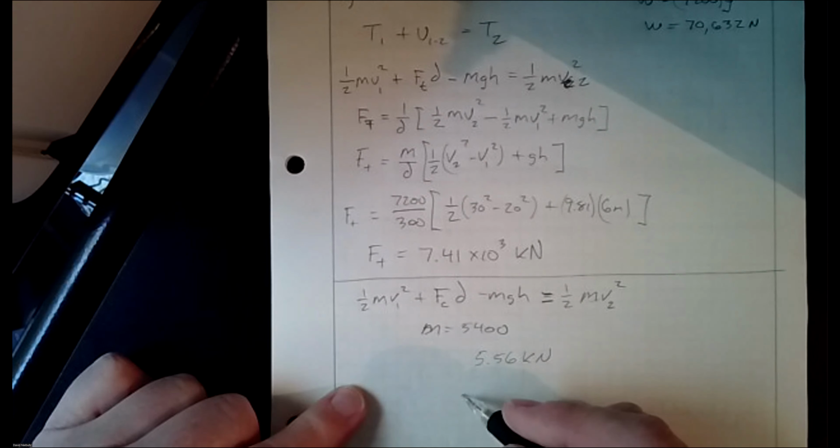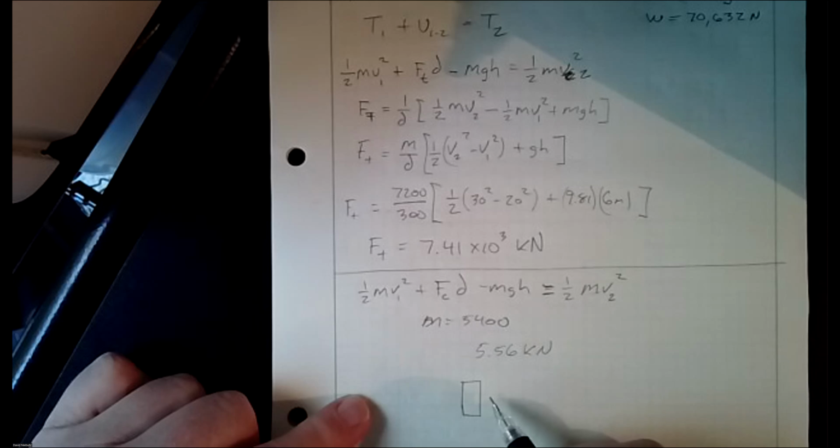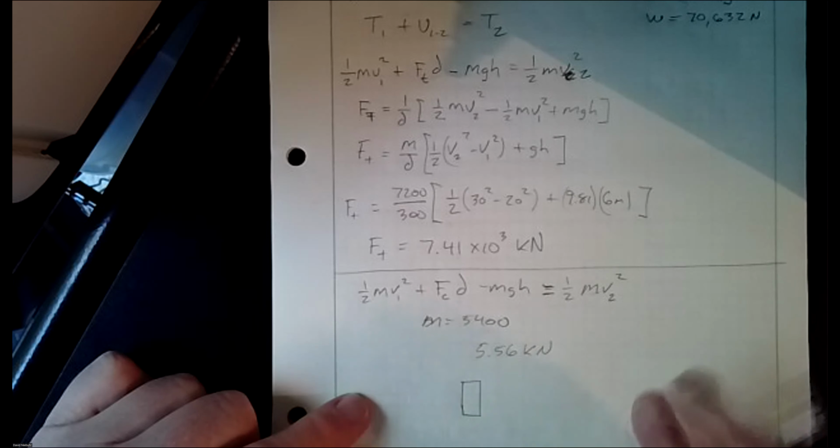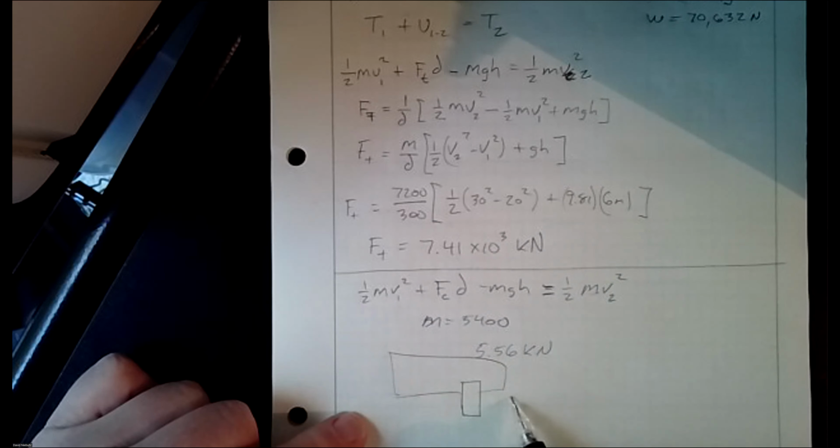So if this is my kingpin right here, which is the pin that connects to the connector, I can't remember the name of the actual part that they connect at the back of the truck, but I know this is the kingpin that comes off the trailer, and then that connects into this little piece here, and then the fifth wheel, I think it's called the fifth wheel, and it connects into here.